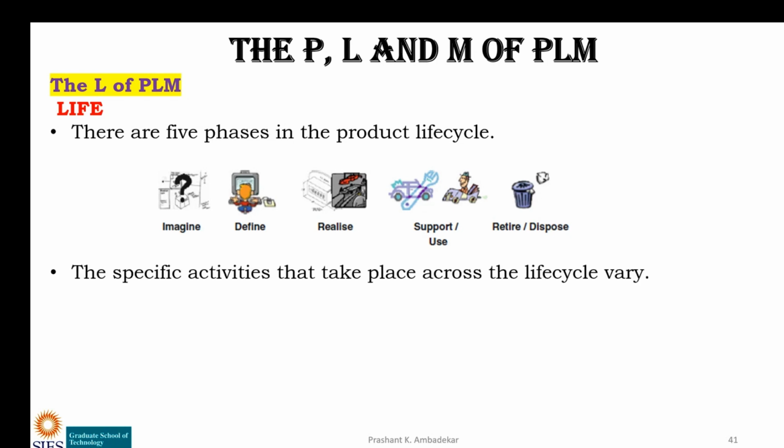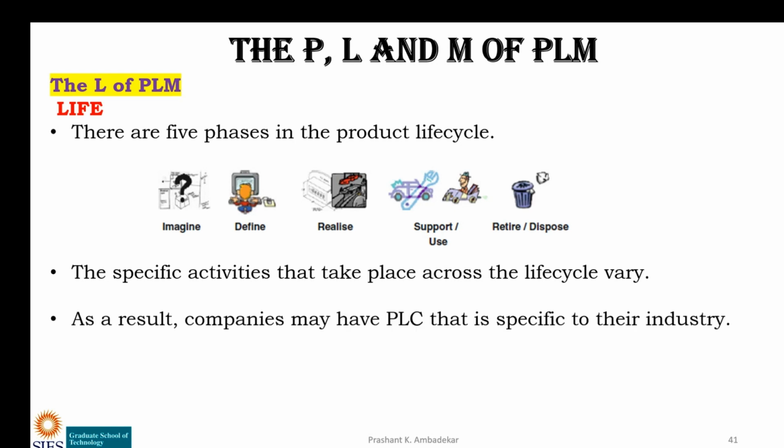Then the specific activities that take place across the life cycle will vary from industry to industry, sector to sector, or even in the same industry from product to product. So we discussed that day that the product life cycle cannot always have the same x and y dimensions. It may sometimes have an increase or decrease in the dimensions depending on the product.